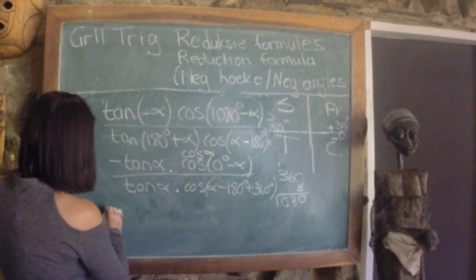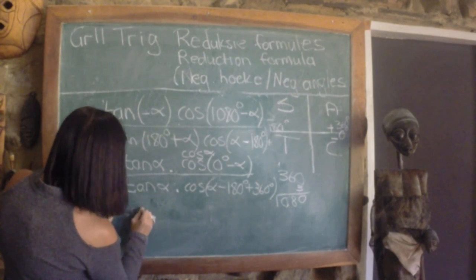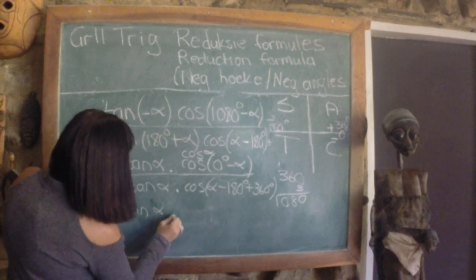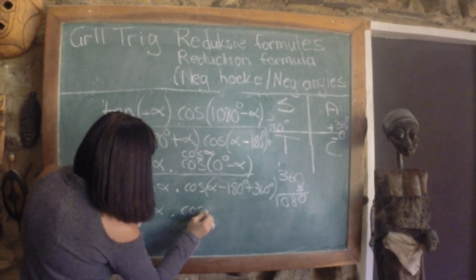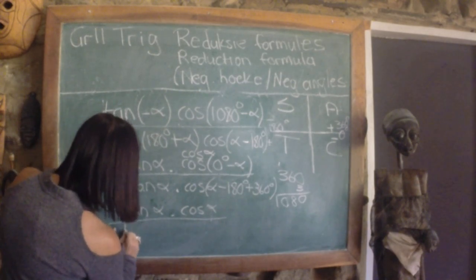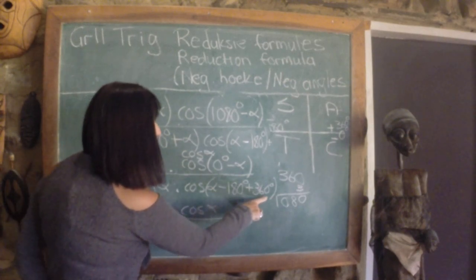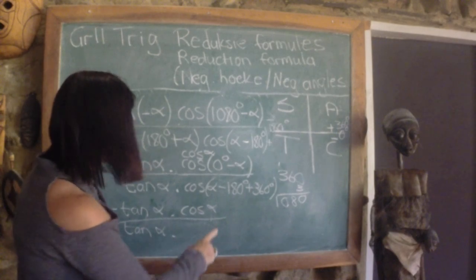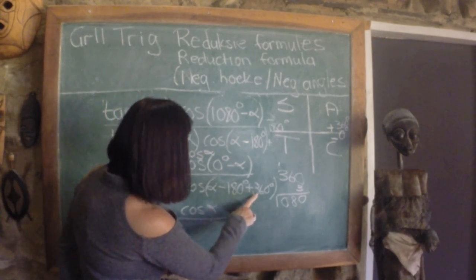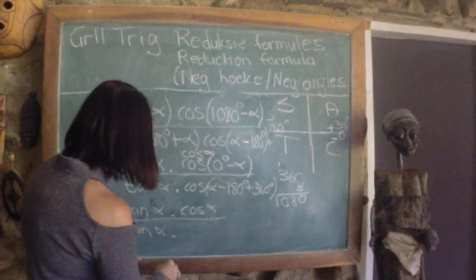So now I've got minus the tangent of alpha, the cos of alpha, op die tan van alpha, en omdat ek nou 'n siklus bygesit het wat ek mag doen, het ek 180 plus alpha.